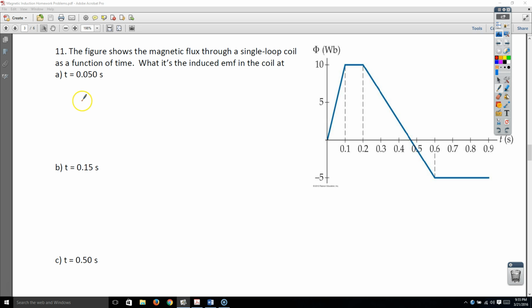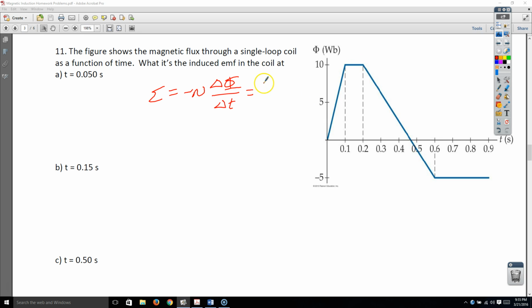So if you remember in class, we said that the EMF is equal to negative N times the change in flux all over the change in time.